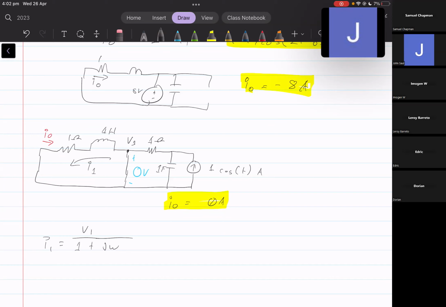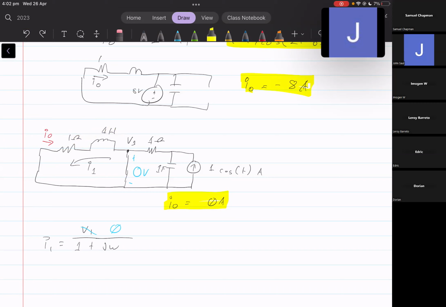Because V1 is always 0, this will always be 0. The other way to think about it is like a current divider, where some of the current will flow this way and some will flow that way. But because that one has 0 resistance, all the current will actually flow that way.